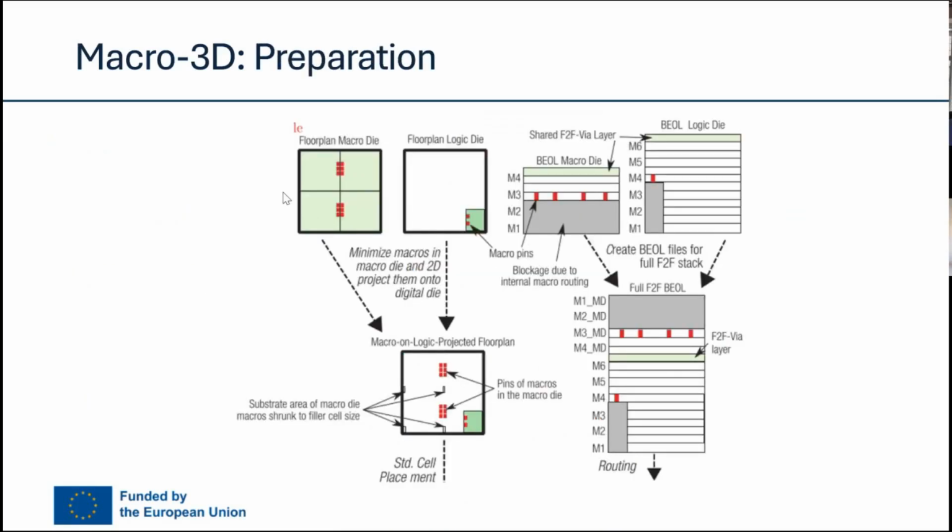Here we have the step corresponding to the floor plan. You can see that when we are working in the bottom die, we can locate some macros with the normal pins without any restriction. When we are locating macros in the top die, this macro we leave in the additional left tiers that we have developed before, while the pins are going to be projected.